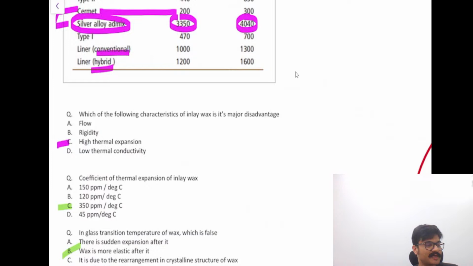Again, the same concept that Divishri just asked, that flow and distortion is a big disadvantage of waxes. Yes, it is a big disadvantage of waxes, guys. That is why you need to invest the wax pattern as soon as possible.